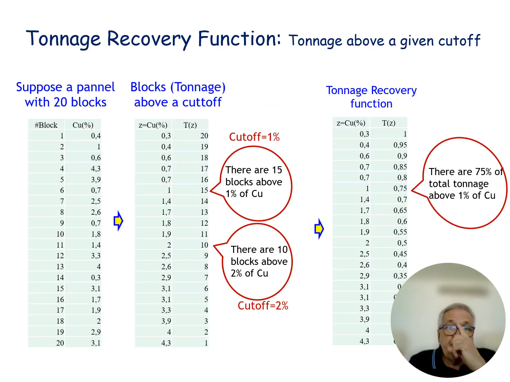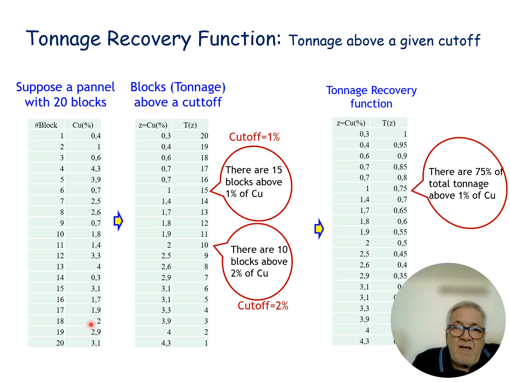So let us see a simple example. Suppose a panel with 20 blocks with copper grades. Let me show you. Those are the blocks, left-hand side column, and those are the copper grades of those 20 blocks. Now we can compute the number of blocks above the grades.